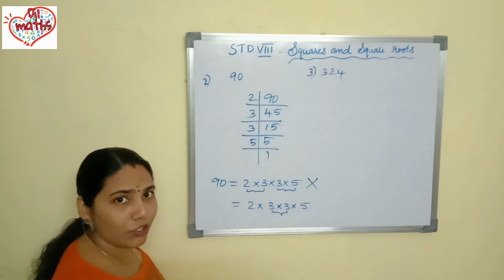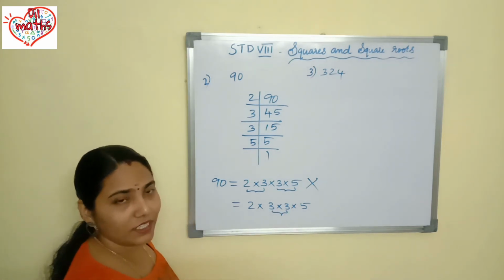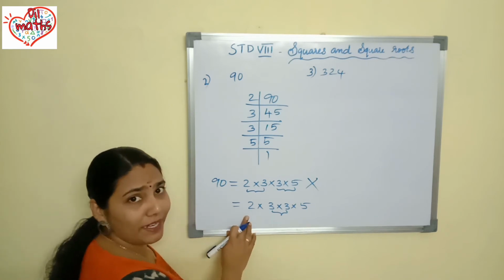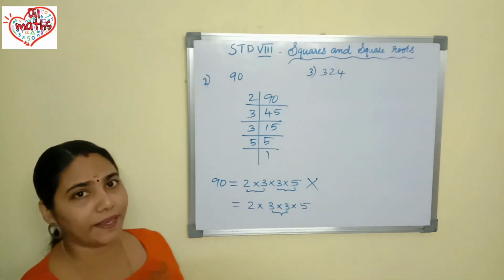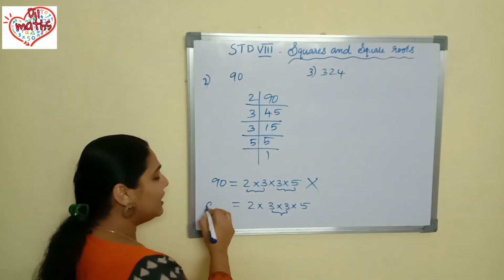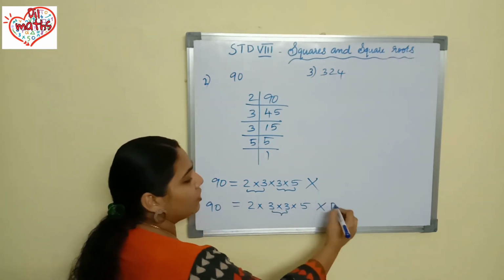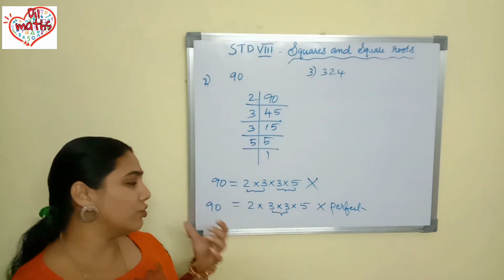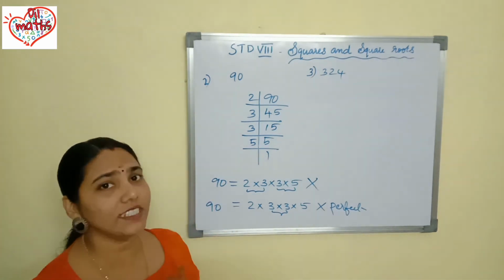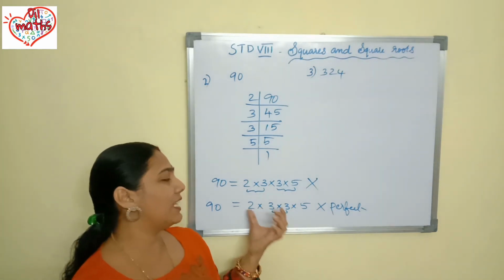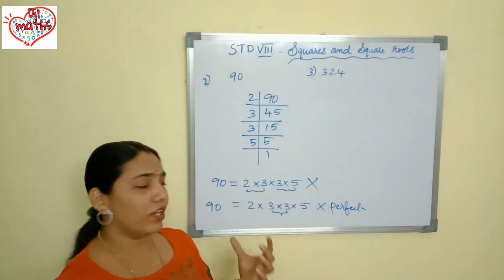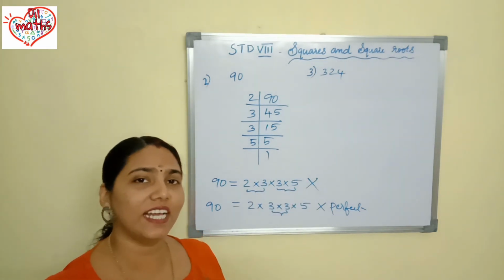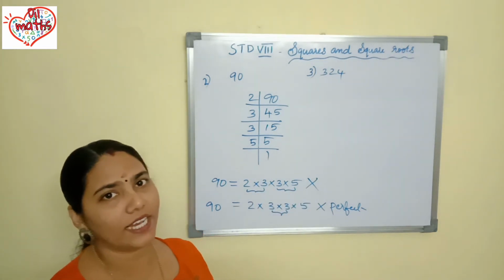Here 3 and 3 are equal primes, so you can make them a pair. What about 2? 2 doesn't have another pair, so 2 is left unpaired here. 5 is also left unpaired. So this 90 is not a perfect square. Like this you should do. You should prime factorize first and make pairs of equal primes. And if prime factors are left unpaired, you can say that the number is not a perfect square.